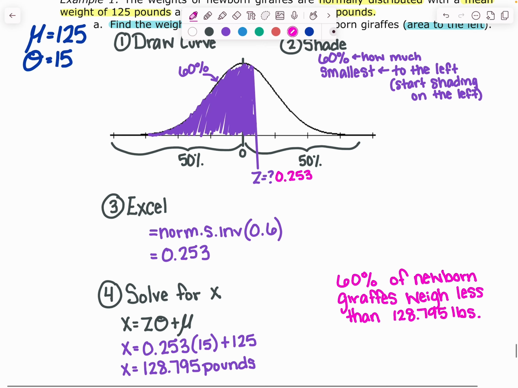So that is how you calculate the data value when you have been given the probability to the left using the normal distribution and Excel.